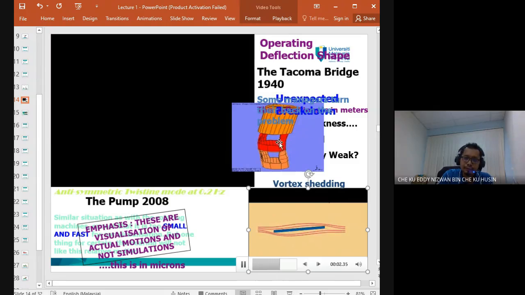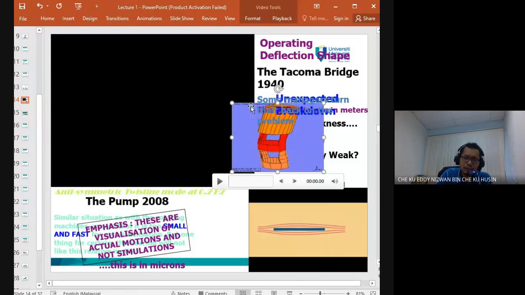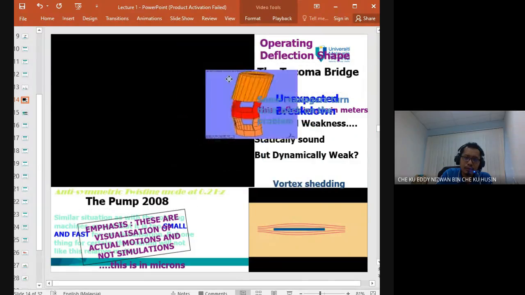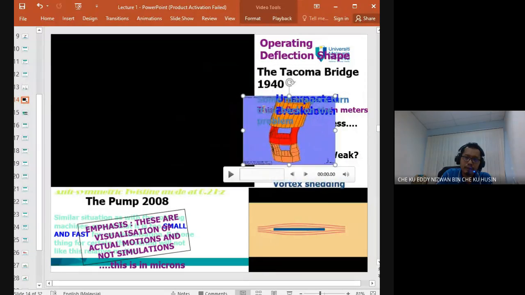Actually this commonly happens in industry. For example, this is a vertical pump for the oil and gas industry. This vertical pump is one of the most important parts in the processing plant, because every single drop of the crude oil passes through this pump.